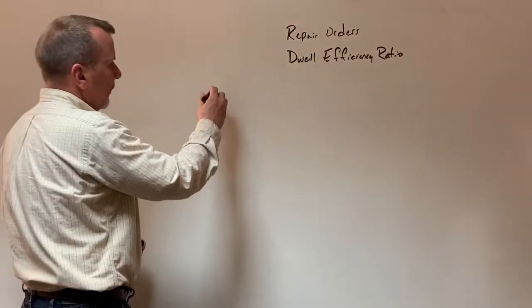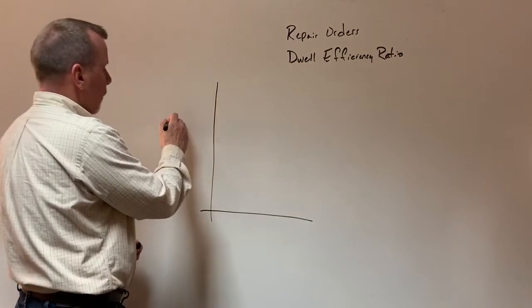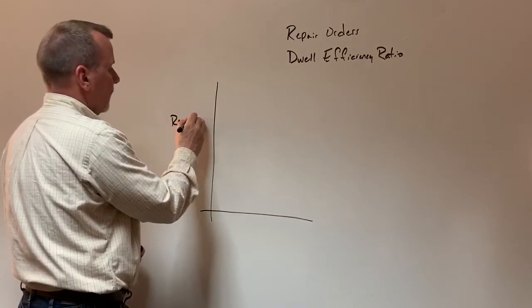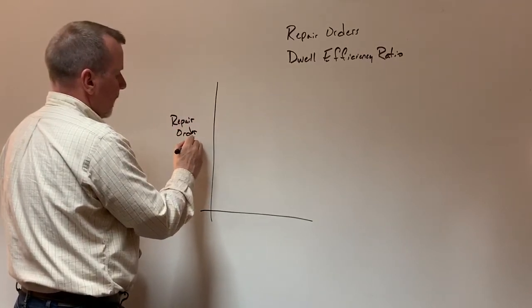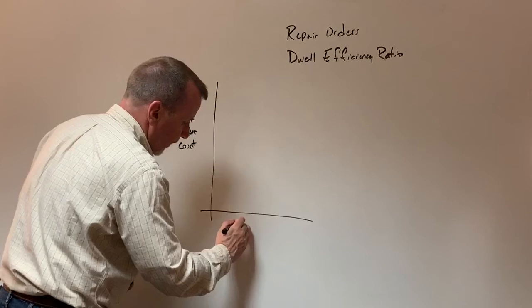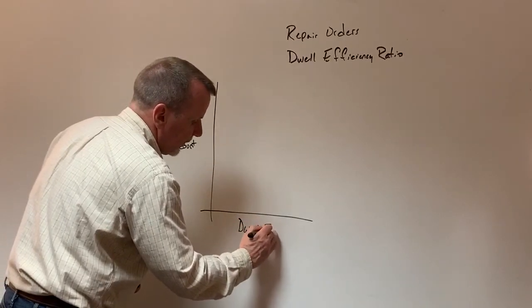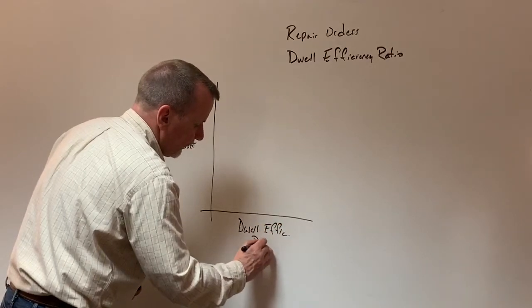So we're going to draw a simple graph again, a simple chart. On this side will be simply repair order count. And on this side down here will be our dwell efficiency ratio.